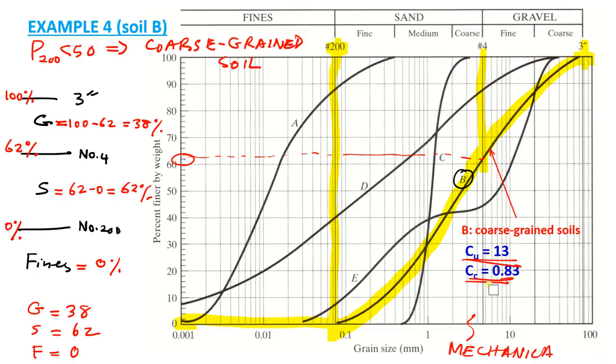So Cu and Cc are given as 13 and 0.83. And why is it not 1? Because when we read values on the graph, there might be some error in accurately reading. Actually, it is close to 1, so if I round off, I can say it is 1. And look, Cu is very high. It's a well graded granular soil.